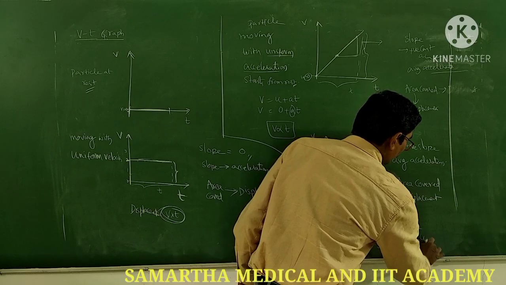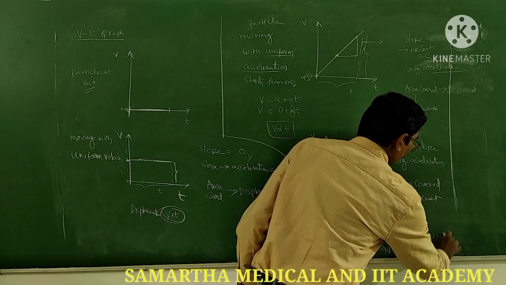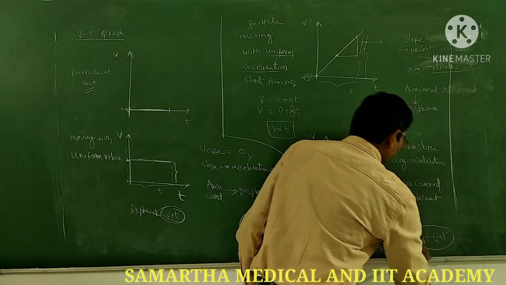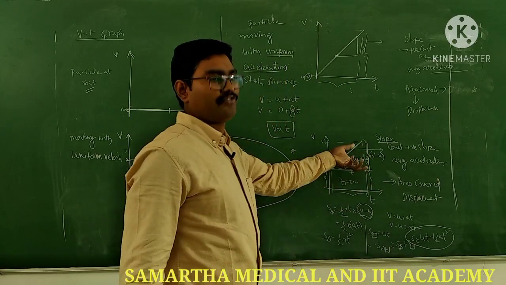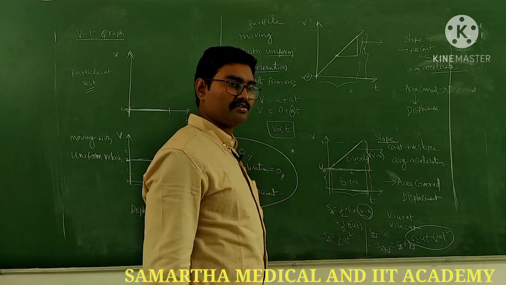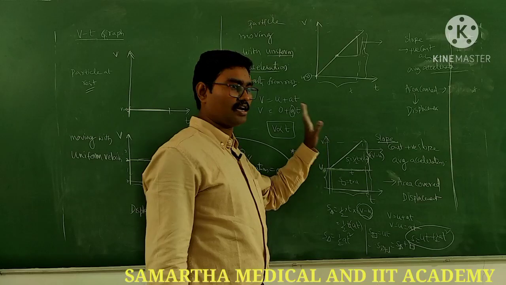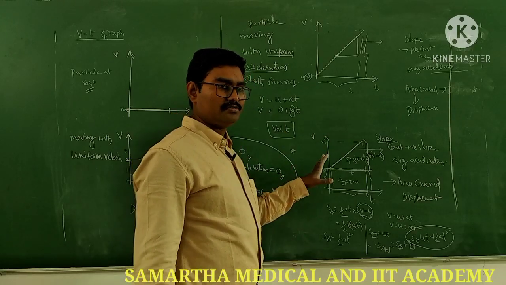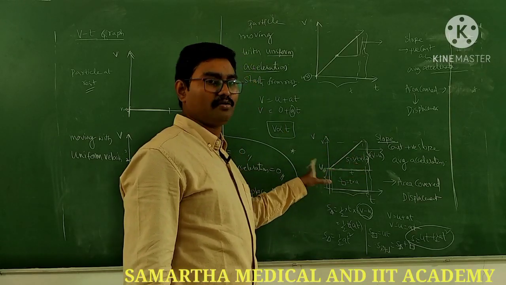So what will you get? ut plus half at square. You can do the proof for this; it is not required here for you. This is just the way you can calculate. Understood? Like this the area can be covered.